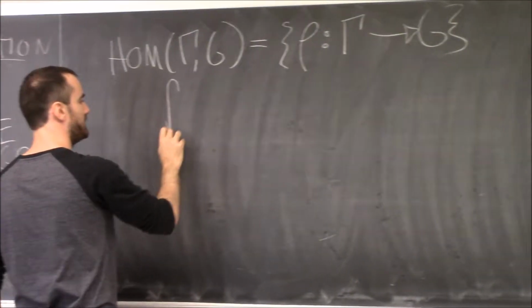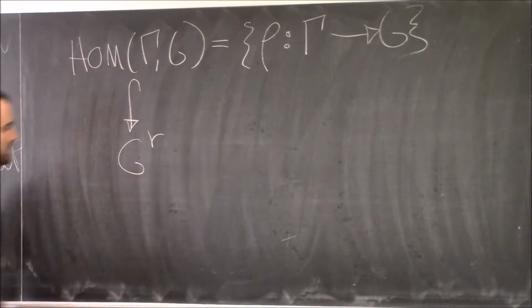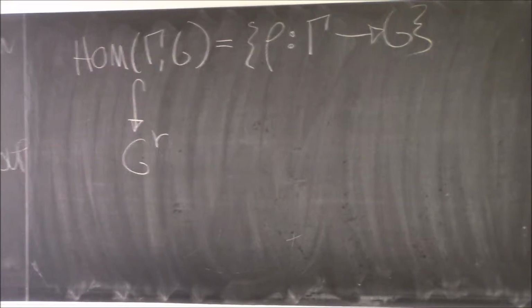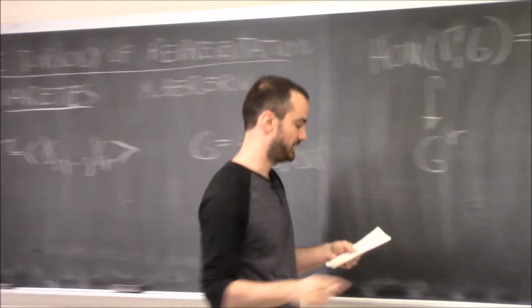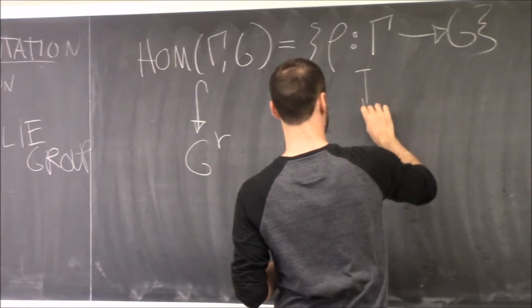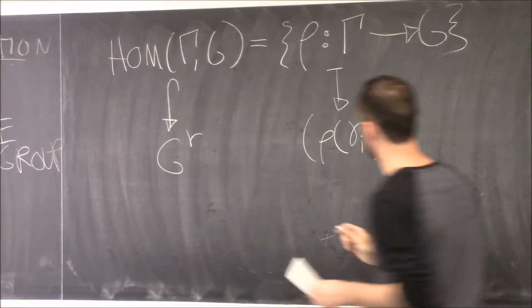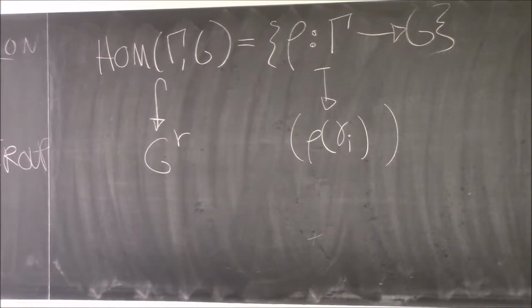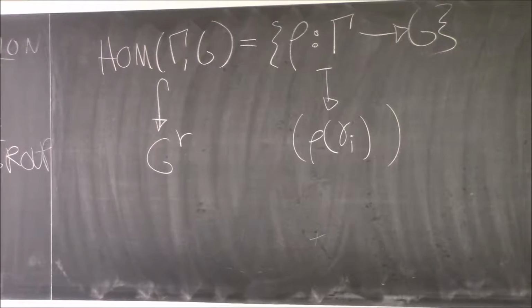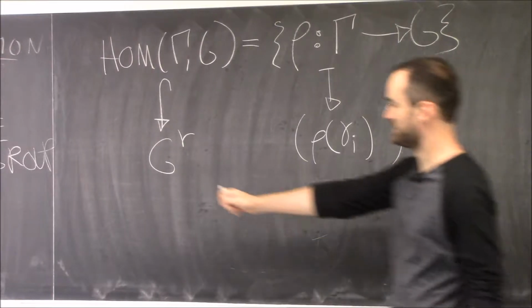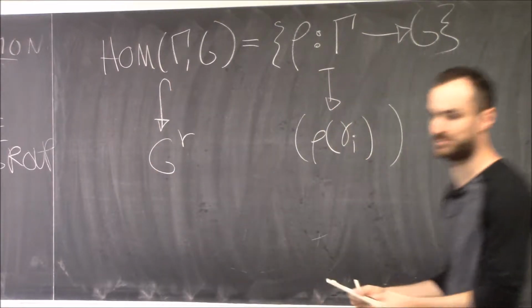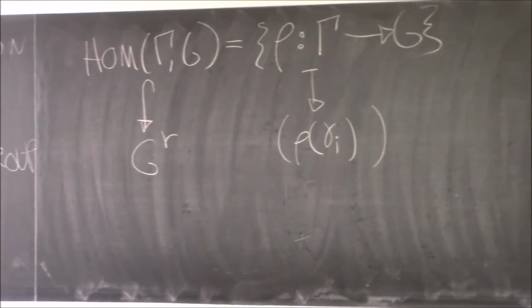I mean that I can embed this space inside the r-fold product of G, one copy for each generator, and then I can identify this space via the evaluation map, which sends each generator to its value under that homomorphism. This carves out a nice little space inside of this space, and since here I have a topology, I can just give this space the subspace topology.